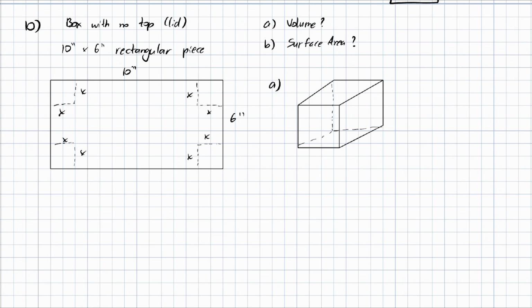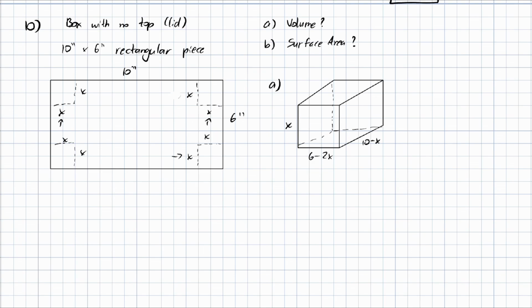So we can say that this height is x, right? This is 6 minus 2x, right? Because 6 minus the x here and the x right here. And then you have 10 minus 2x, the x right here, the x right here.